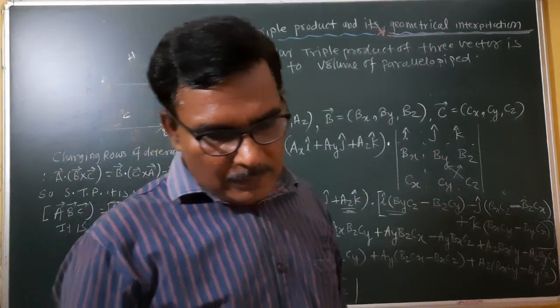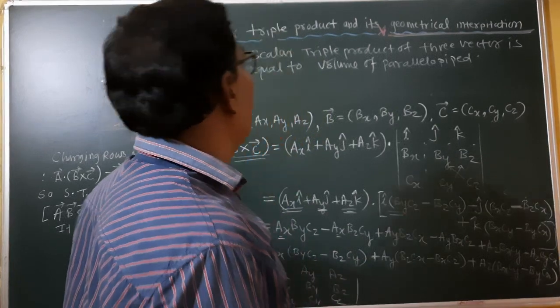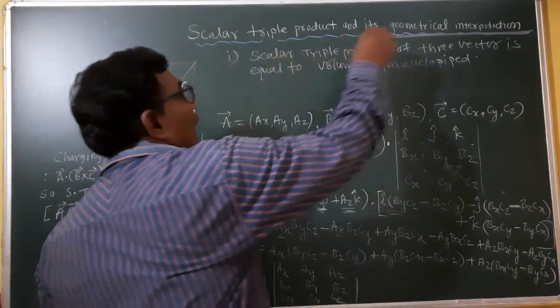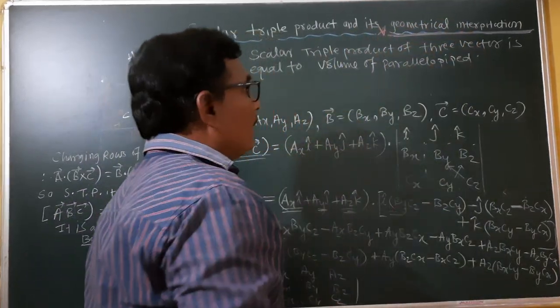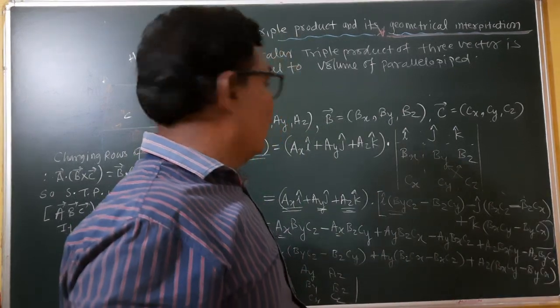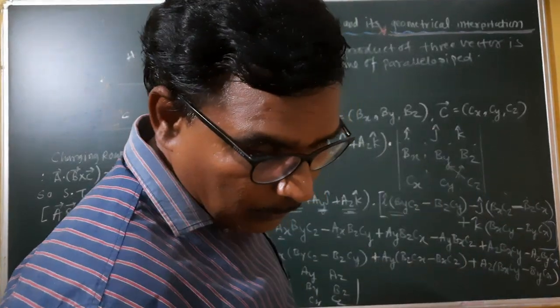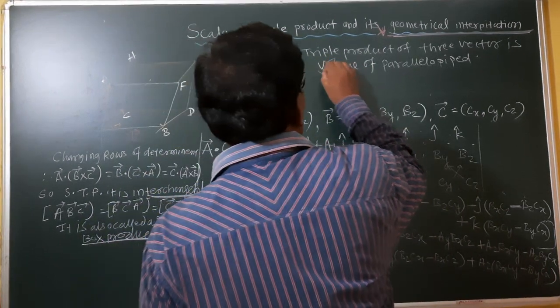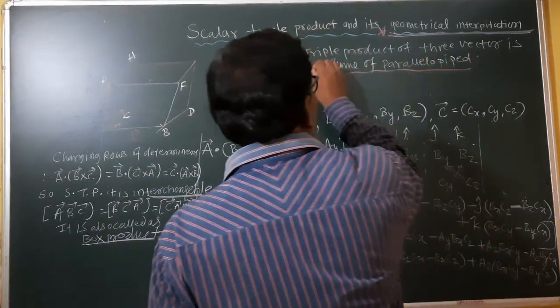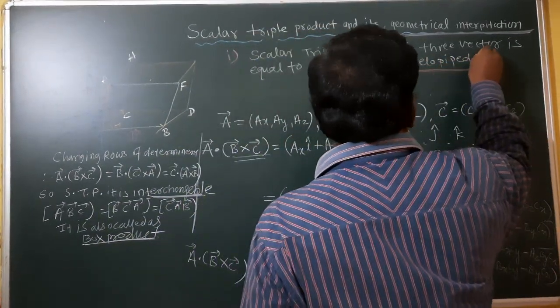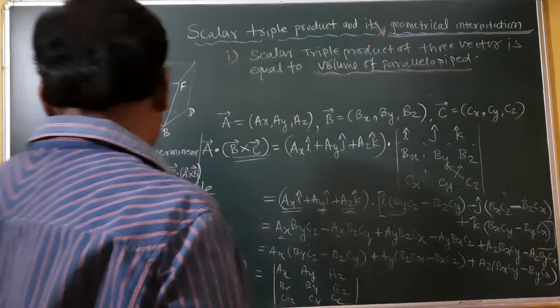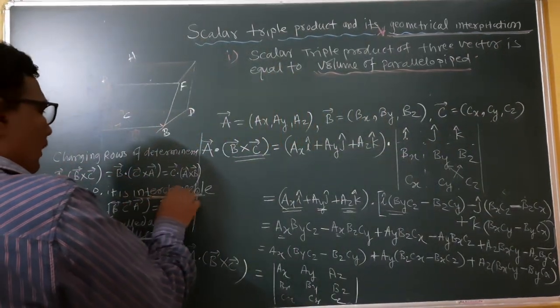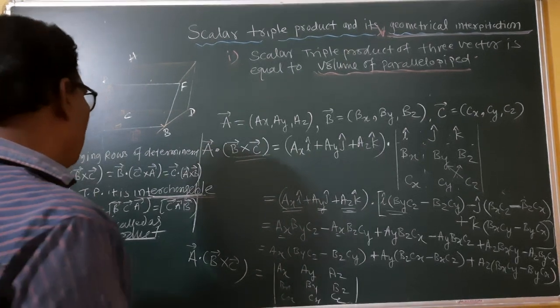And for the triple product, a very important property: the scalar triple product of three vectors is equal to the volume of a parallelepiped. A multiple choice question may be asked on that. The scalar triple product is equal to the volume of a parallelepiped. The scalar product and vector product are interchangeable.